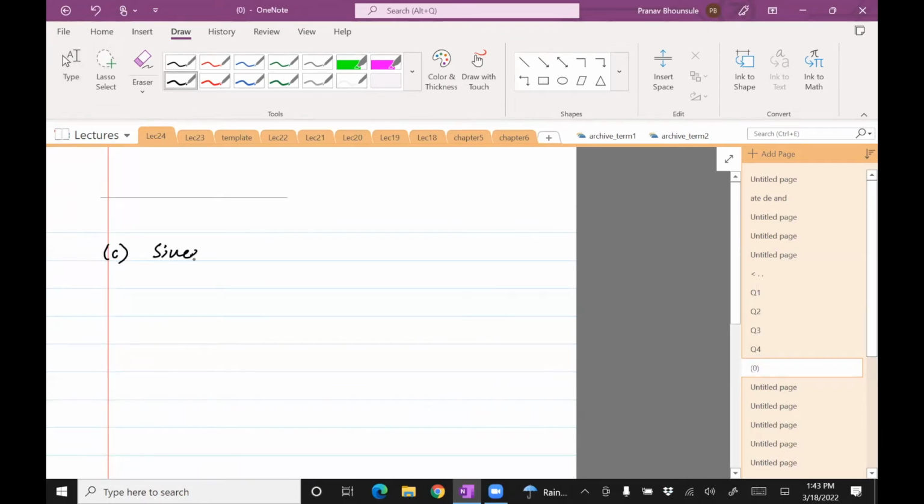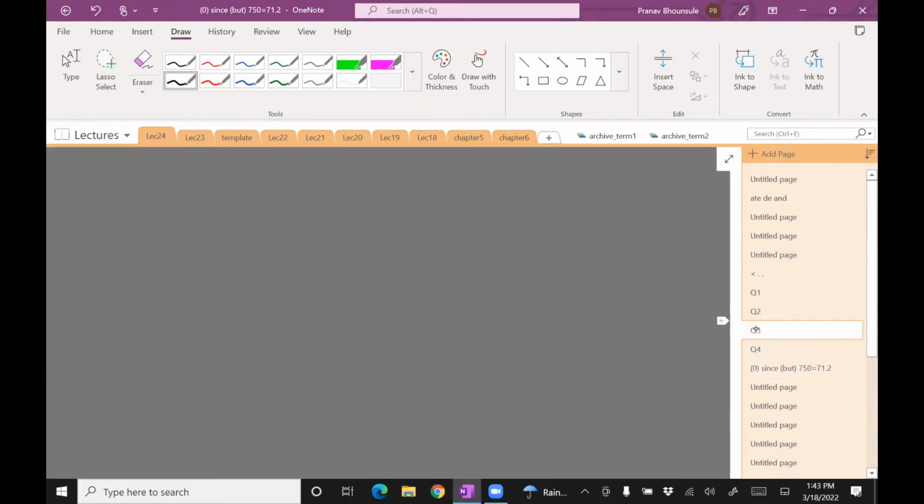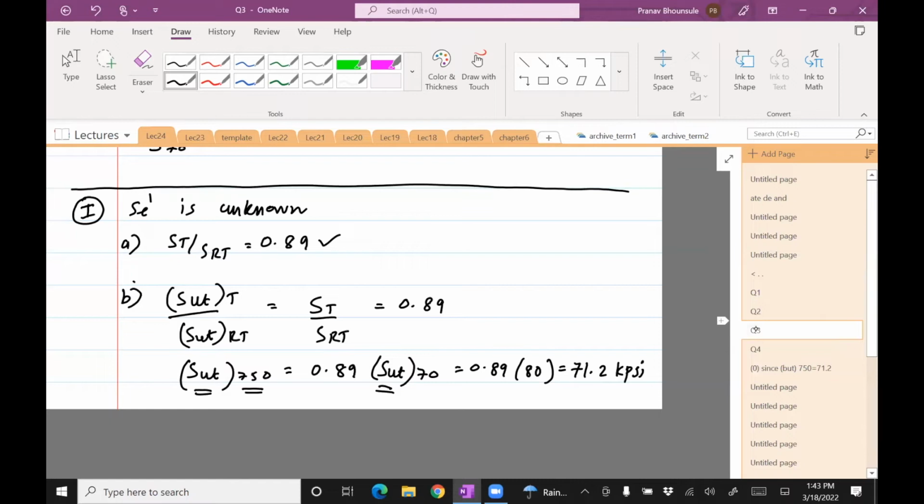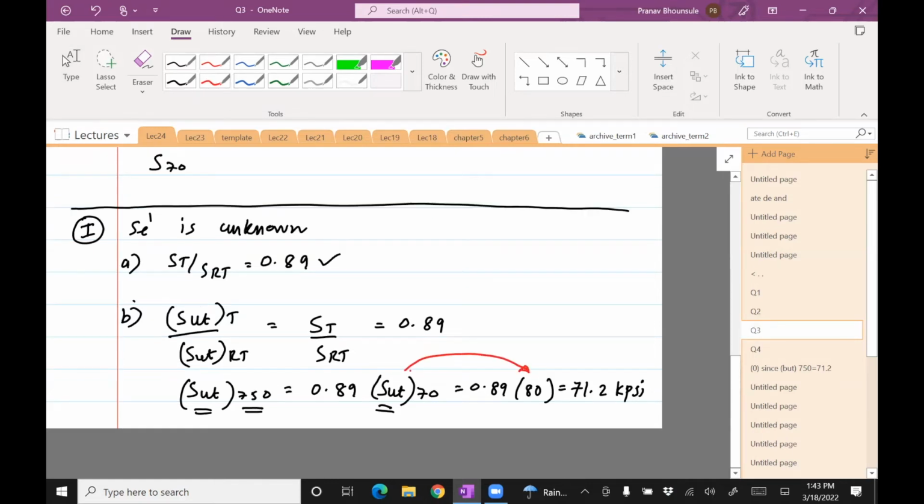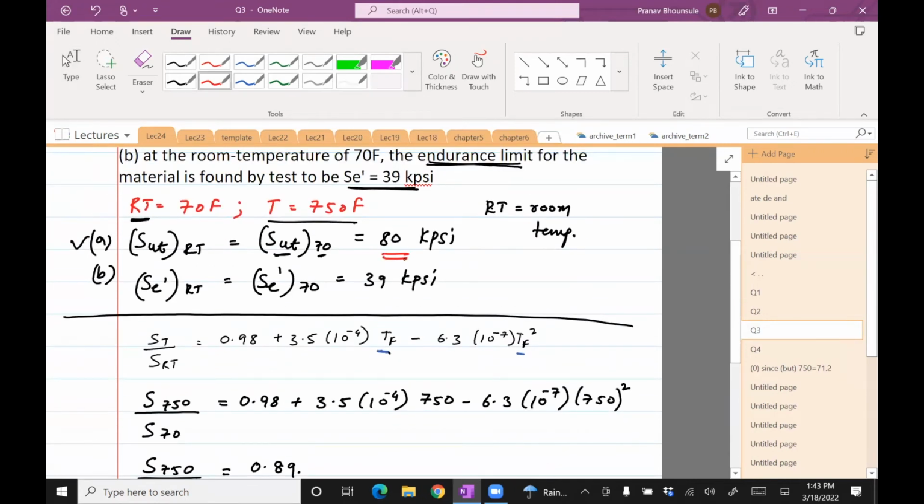Since SUT at 750, oh, so from here. That's given. It's a bit of confusing notation.